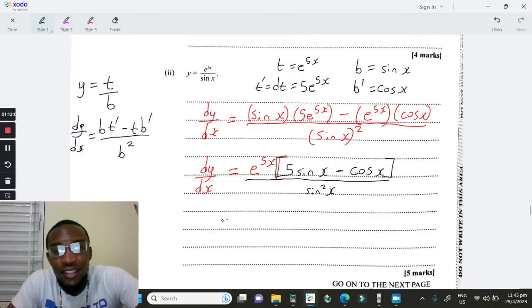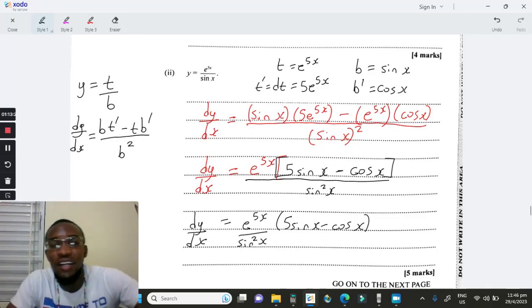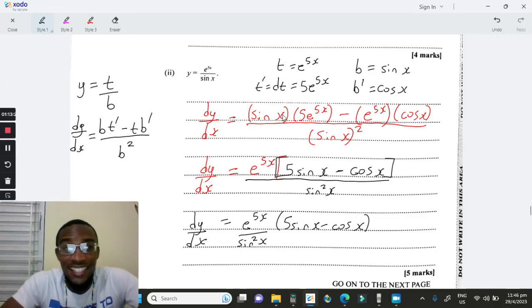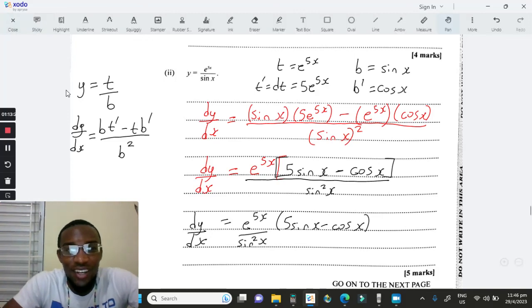So that's our answer, dy dx is e to the 5x over sine square x in bracket 5 sine x minus cos x. That's dy dx. Finish. 5 marks for that. Very easy. No issues at all.